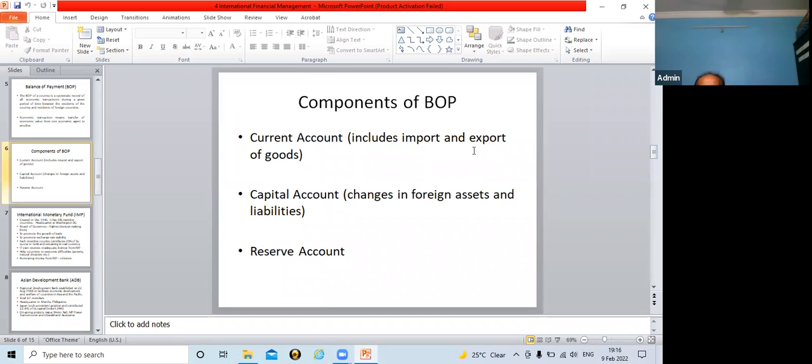Please try to understand my explanation. When export exceeds import, then there will be a surplus BOP. And if it is surplus BOP, it is appreciable. Everyone likes surplus BOP, because when you export, you are getting foreign currency.